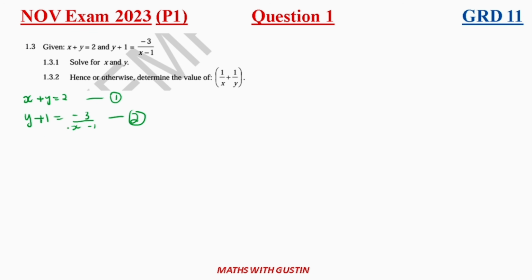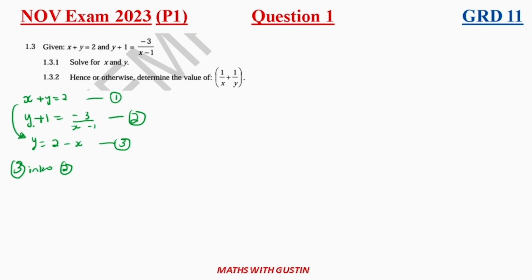In this case, on the first one, we're going to make y the subject of the formula: y equals 2 minus x, which gives us equation 3. And then we tell the person who's going to mark, the examiner or our teacher, that we take equation 3 and put it into equation 2. Okay, there you go.